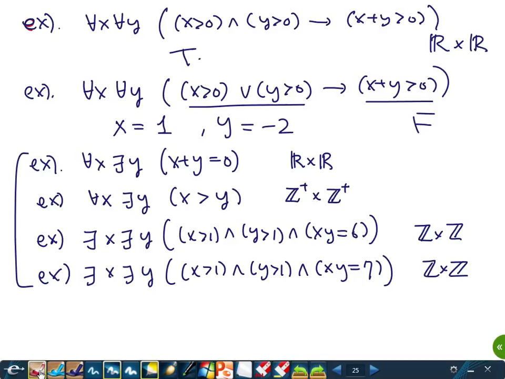Yeah, if you understand the meaning of each statement, it should be easy.